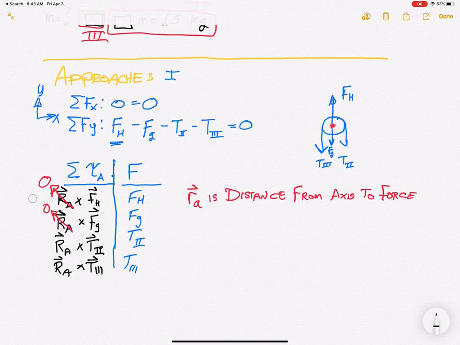So let me expand that R_A for number 2, tension, is given by the radius of the pulley and nothing happening in the Y. And that's going to cross into tension 2, which is no action in the X, but action downward in the y, so I'm going to have negative T2, tension 2.